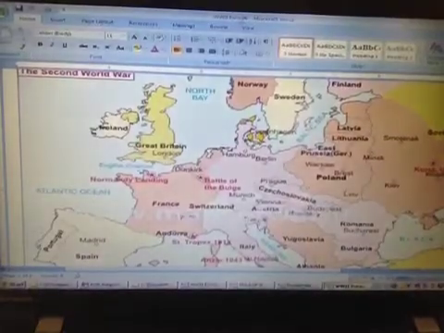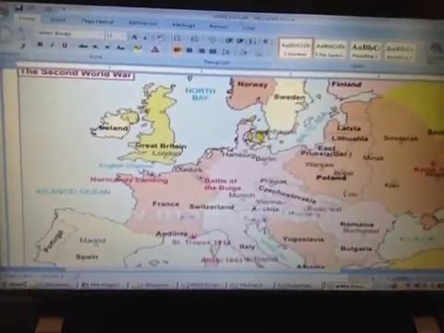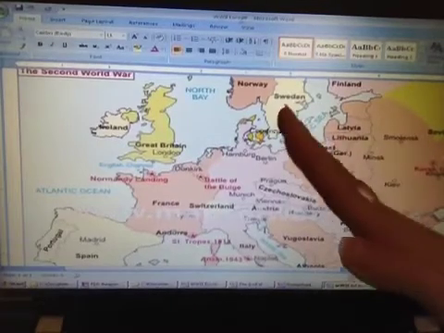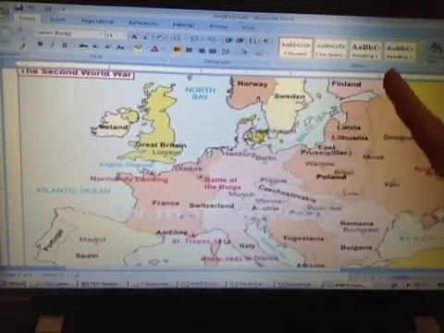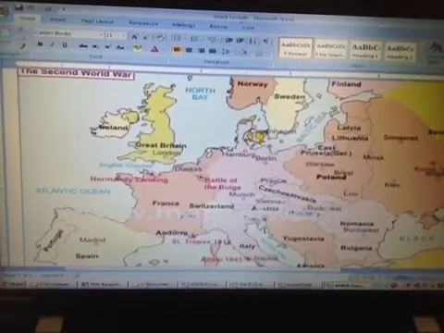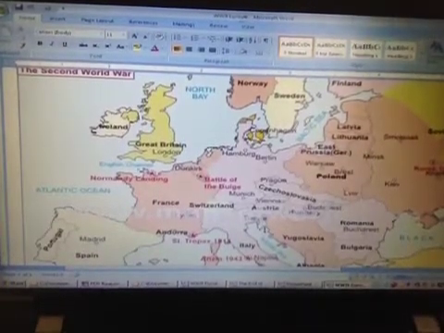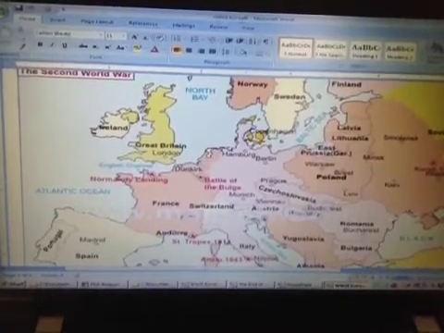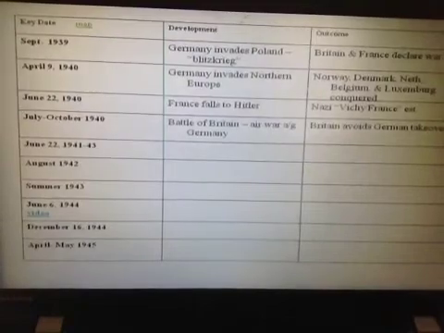Okay, you can also see the Soviet Union here. And how when he attacks here, the Soviets are going to take a lot of territory into the Soviet Union. They're going to make a lot of progress into the Soviet Union throughout the war. So it really is an amazing amount of territory that Hitler conquered.